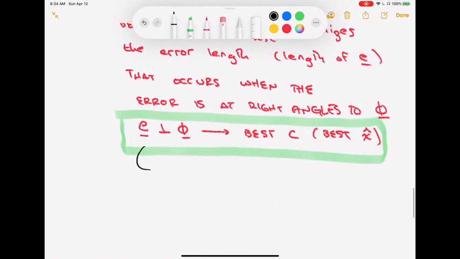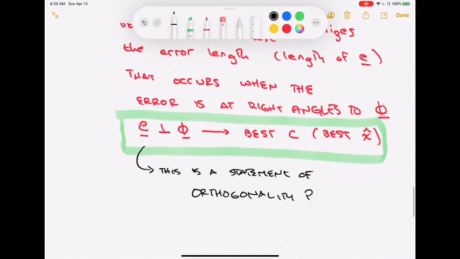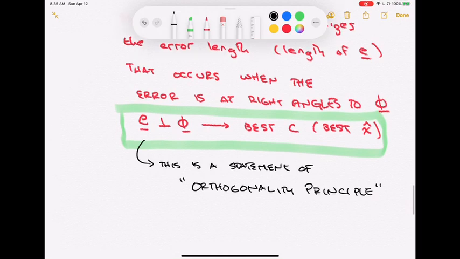So this is a statement of what is called the orthogonality principle. And we will come back to and continue to use this idea of the orthogonality principle.